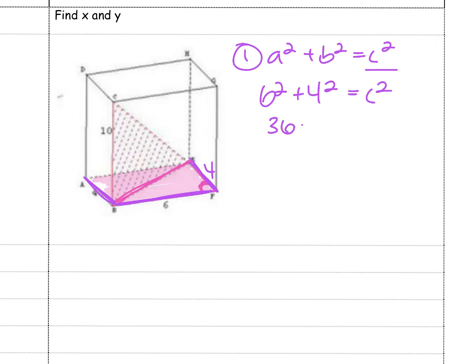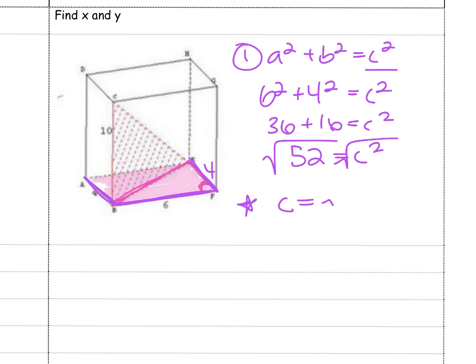So 36 plus 16, 52 equals C squared, square root, square root. This is where we just leave it in a square root. So we're going to say C equals the square root of 52. We don't even need to bother with a calculator yet. So the hypotenuse of the box that I colored orange is the square root of 52.